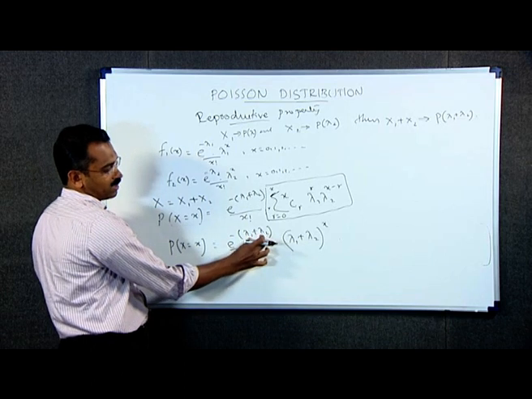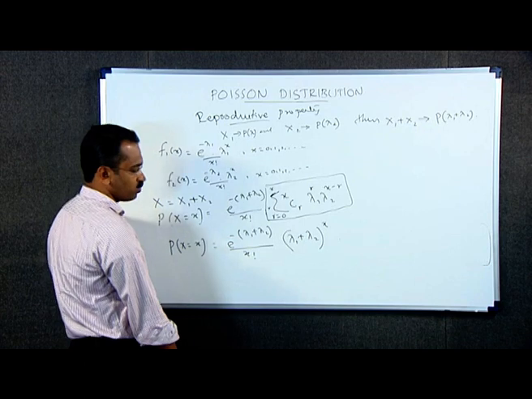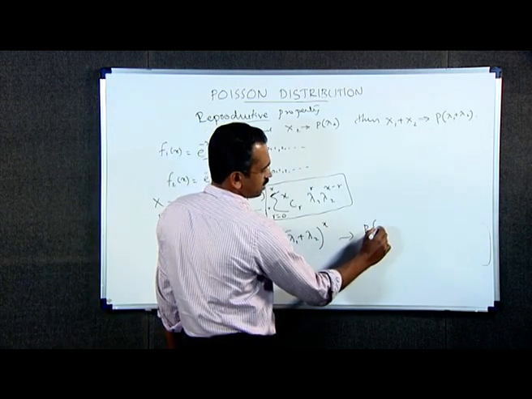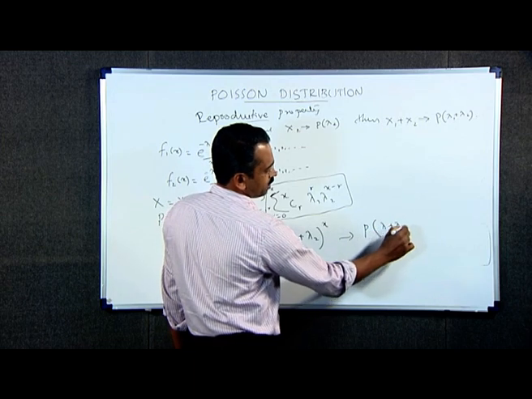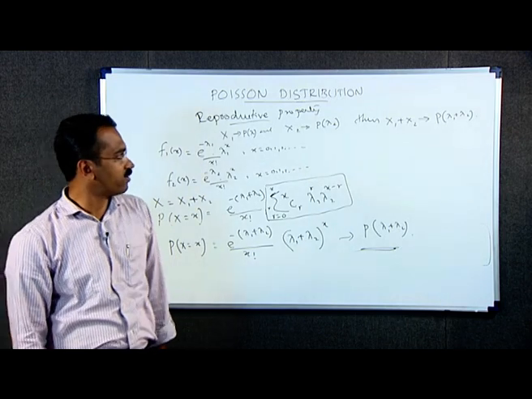Here instead of lambda, we used lambda 1 plus lambda 2. That is, this is a Poisson distribution with parameter lambda 1 plus lambda 2. This is the reproductive property of Poisson distribution.